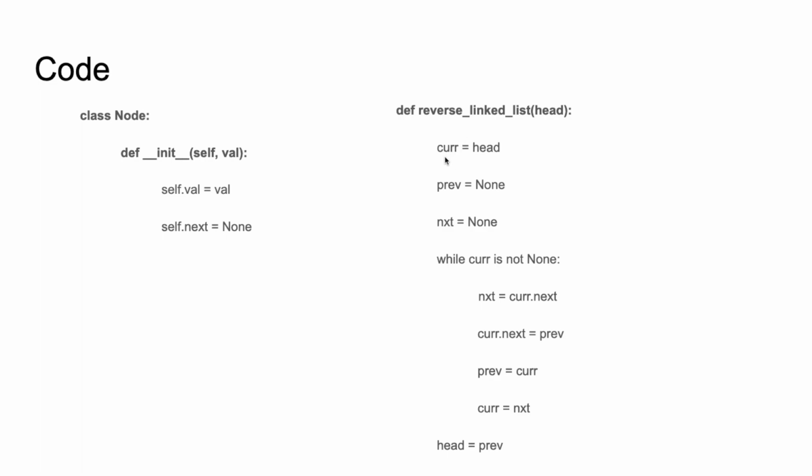So here it just initializes three variables as we have already discussed, and then later it starts iterating over the linked list using the cur variable, and it performs all the operations that we discussed, and in the end it assigns prev to head. So the head is updated, and we have the reversed linked list.